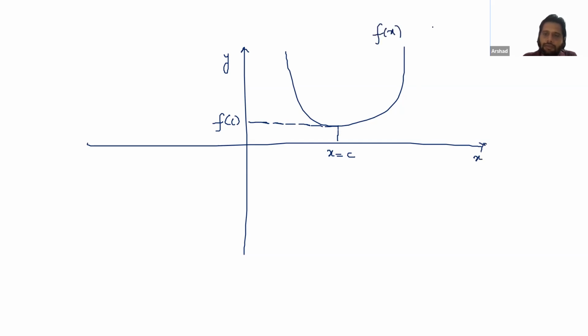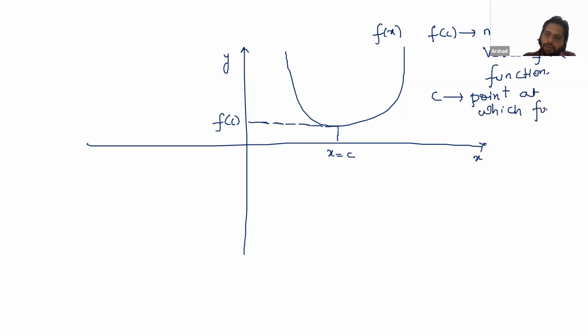So we can say here f(c) is the minimum value of the function, and c is the point at which the function has the minimum value. I hope this is clear to everyone.